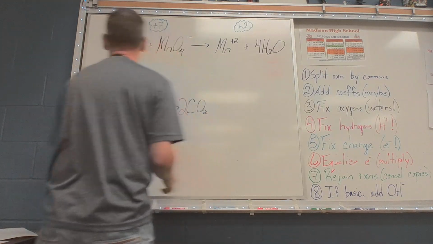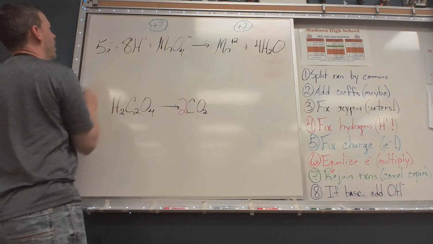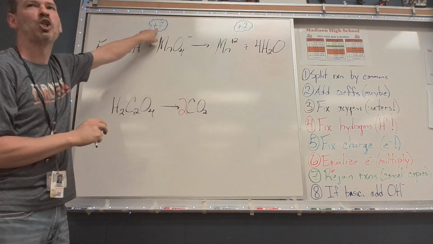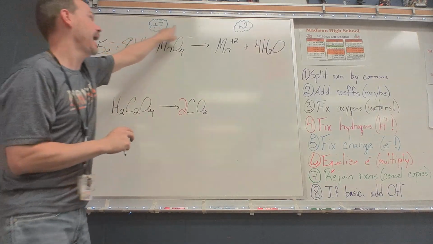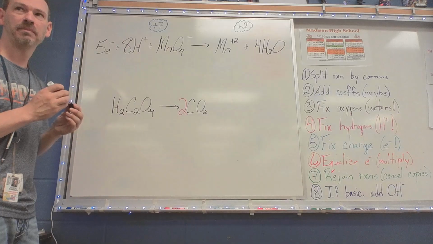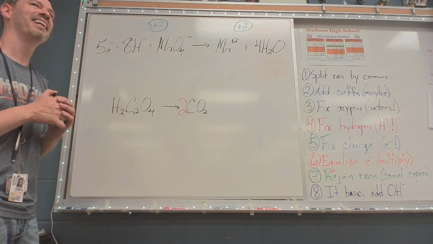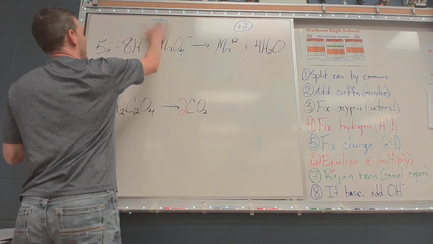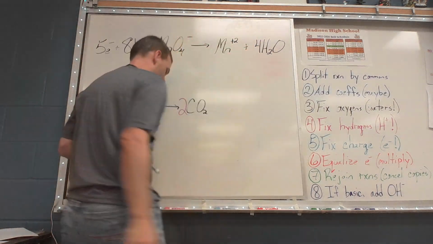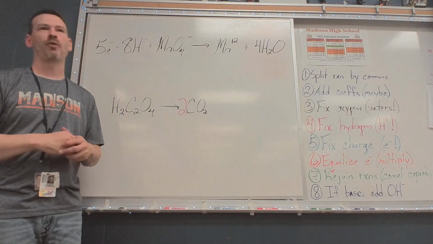I'm going to add 5 electrons over here because if I make that number drop 5 times, it becomes that number. We all right? Sweet. And we have gotten through step 5 on one of the half reactions.